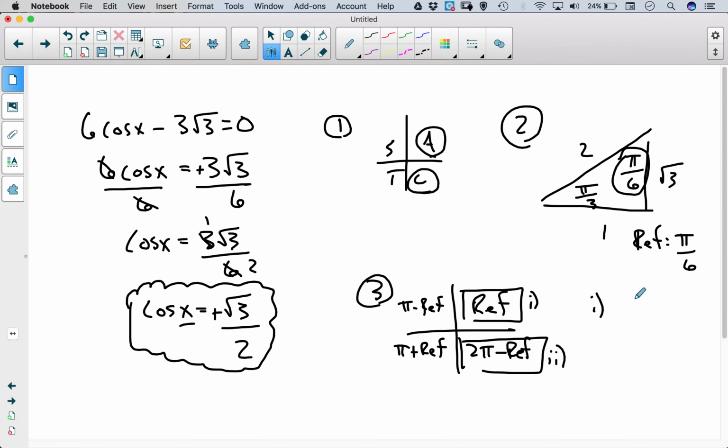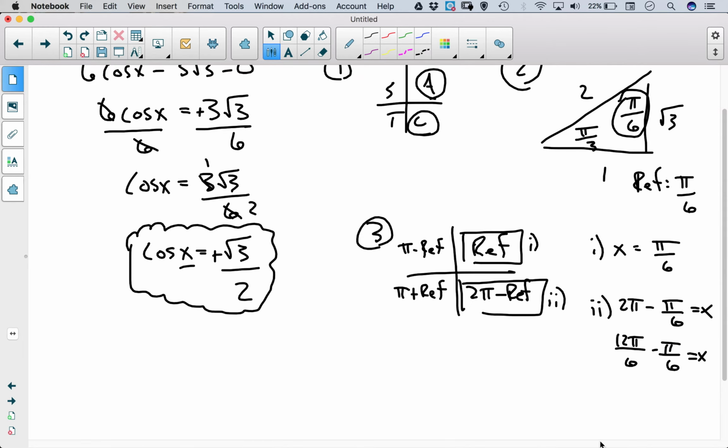So for the first one, our answer for x is just our reference, so it's just pi over 6. For the second answer, a little bit more math is involved, so it'll be 2 pi minus pi over 6, and that will be 12 pi over 6, making it accessible to subtract these things. And it will be 12 pi minus pi over 6 is equal to x.